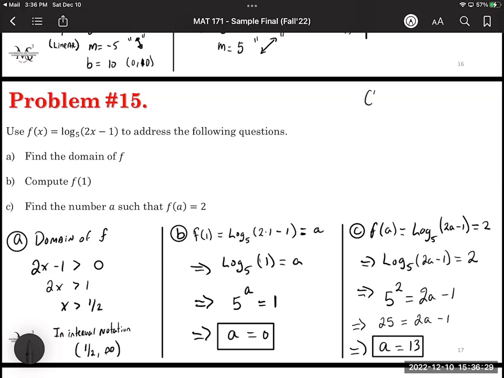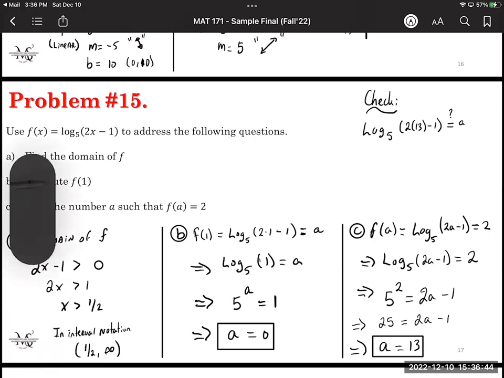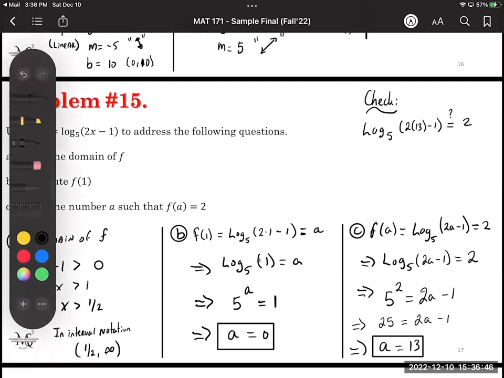And you can do a quick check of this, right? This means that log base 5 of 2 times 13 minus 1, is it equal to 2? Well, let's see. 2 times 13, that's 26. 26 minus 1 is 25.